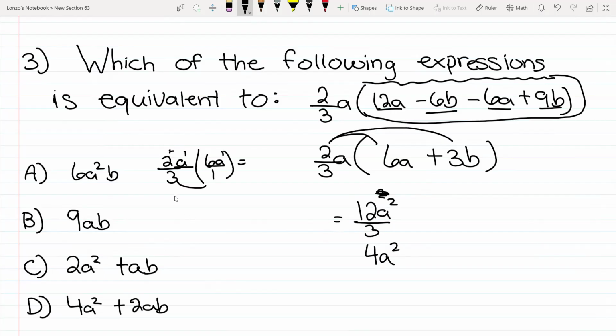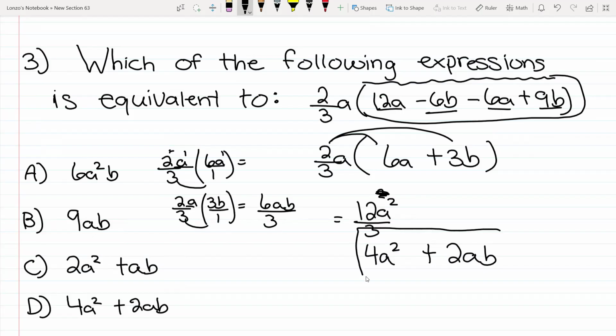Okay, do the same thing with the 3B. If you want to write it out, that's perfectly fine. 2/3 A times 3B, or 3B over 1. So what's 2A times 3B? Multiply the constants and the letters. That would be 6AB. And then on the bottom, what's 3 times 1? 3. So you would simplify that. What's 6 divided by 3? 2AB.